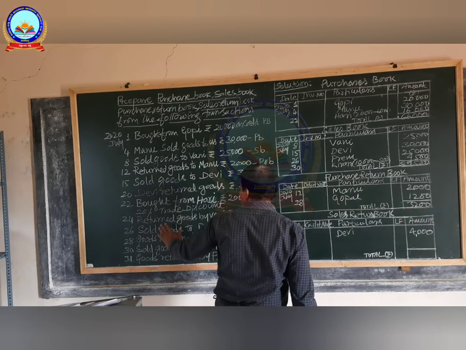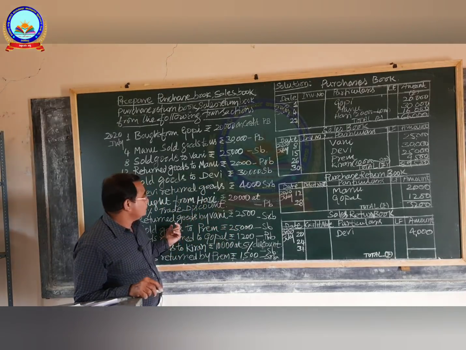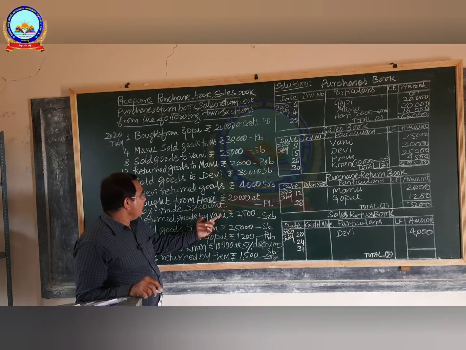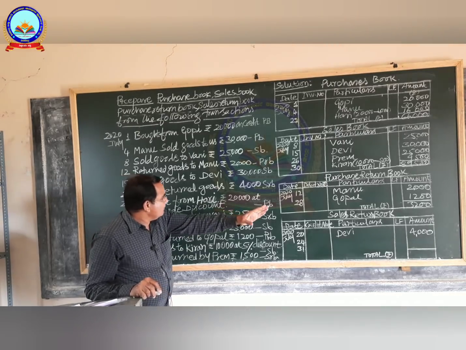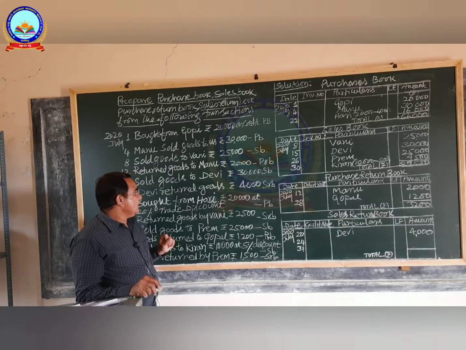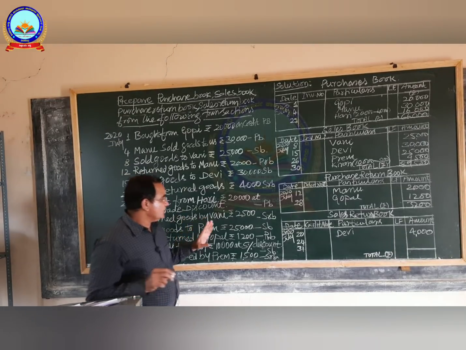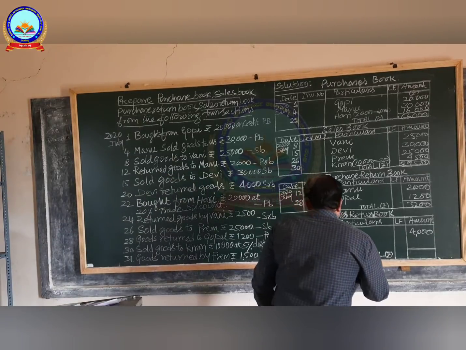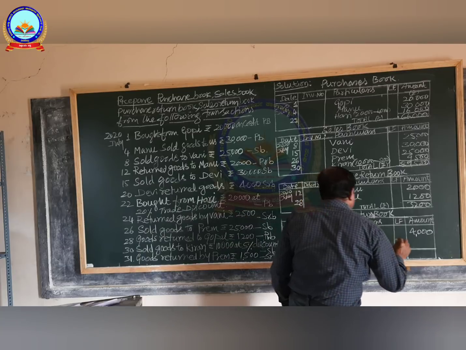Then on 24th, goods returned by Vani. We had sold goods to Vani, and Vani took back goods worth rupees 2,500, which is to be entered in the sales returns book. Customer name is Vani, amount rupees 2,500.